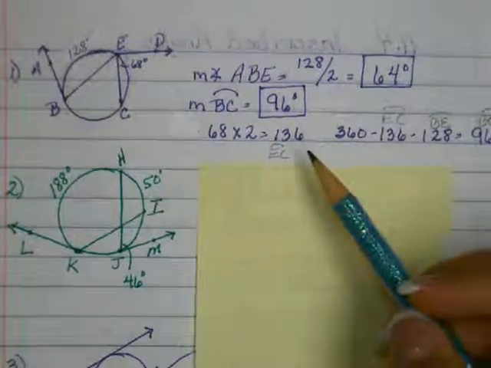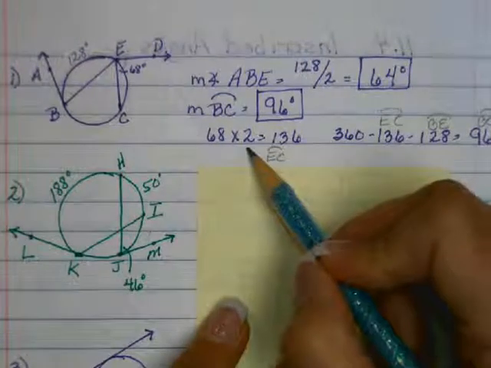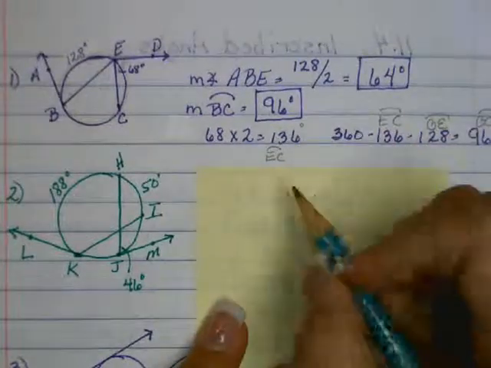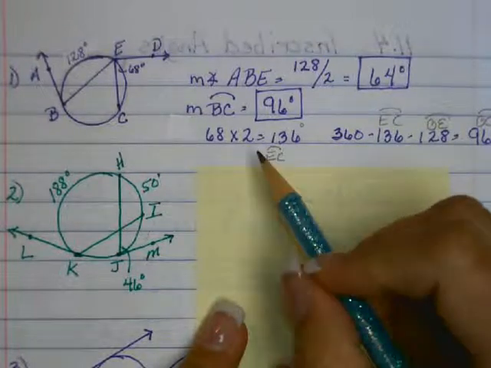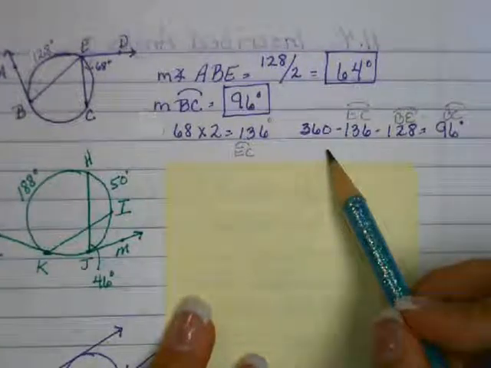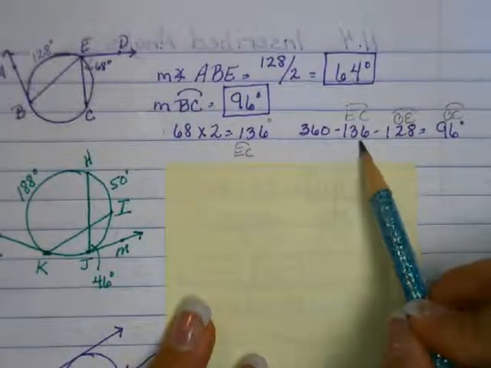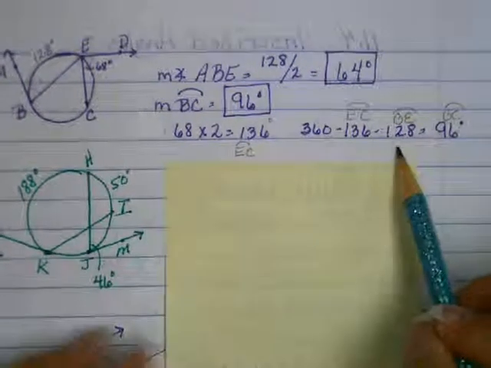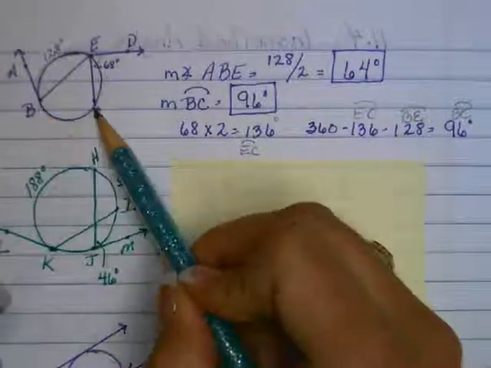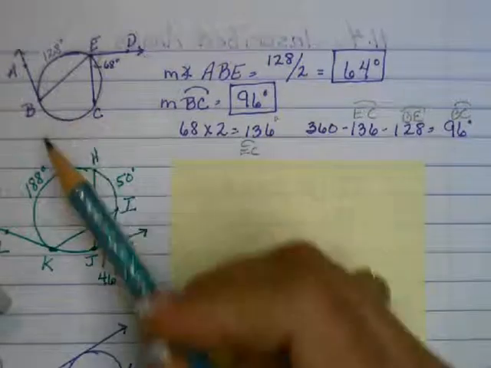So 68 times 2 gives me 136 degrees. So that's arc EC. So if I take 360 minus the 136 I just found, minus the 128, that gives me 96 degrees left for arc BC. Okay? Let's try this one.